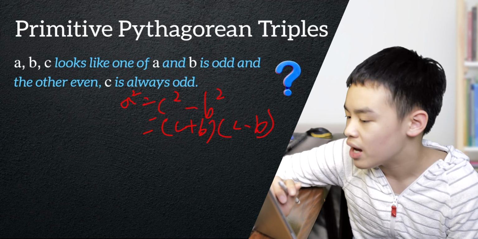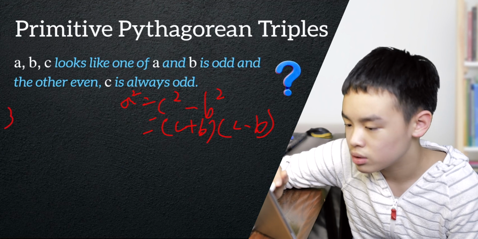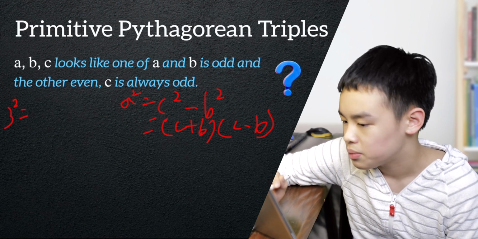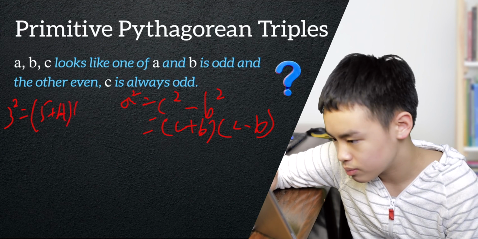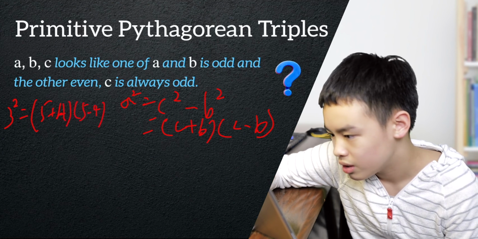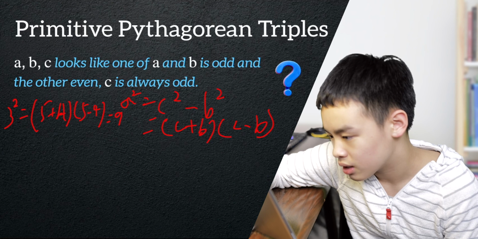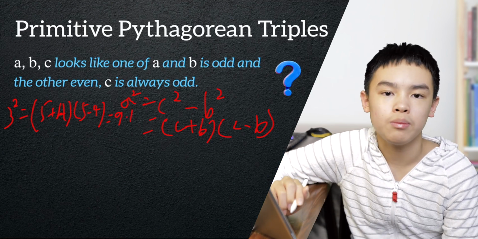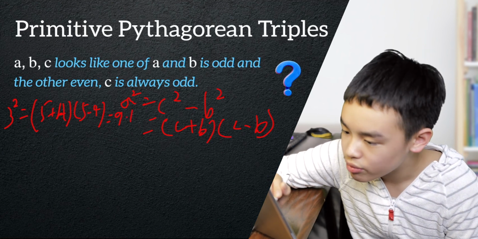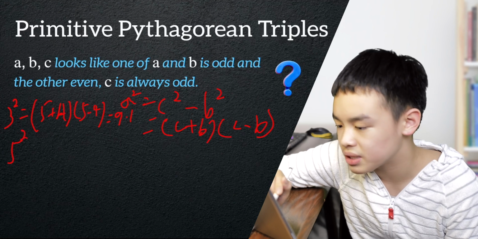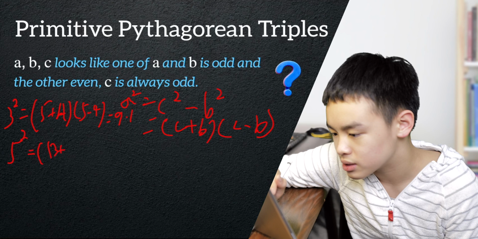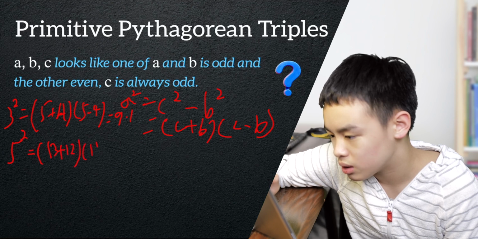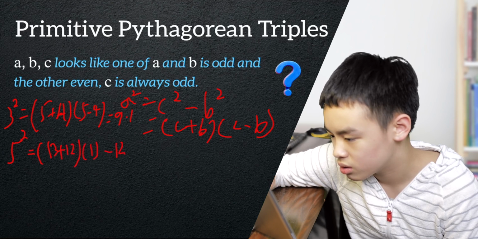Let's say 3, 4, 5. Then a is 3. 3 squared equals what? 5 plus 4 times 5 minus 4, which is 9 times 1, which is undoubtedly correct. Now we'll see 5 squared, the 5, 12, 13 example. It equals 13 plus 12 times 13 minus 12.